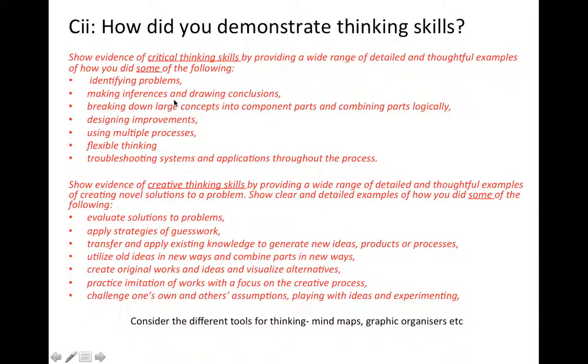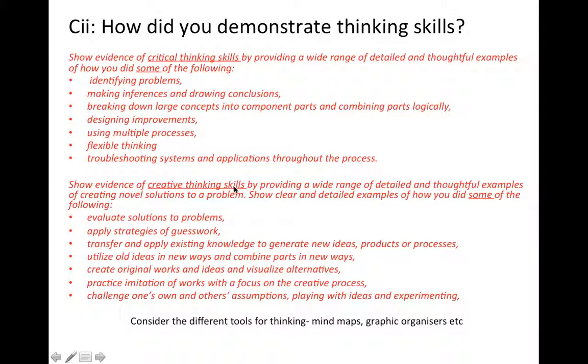So, have you got examples of where you have identified problems in your process journal, for example? Could you demonstrate how you were a flexible thinker, for example? If you have evidence or you can think of a time where you were, use that as a specific example to demonstrate that critical thinking and write and reflect on that in this paragraph.